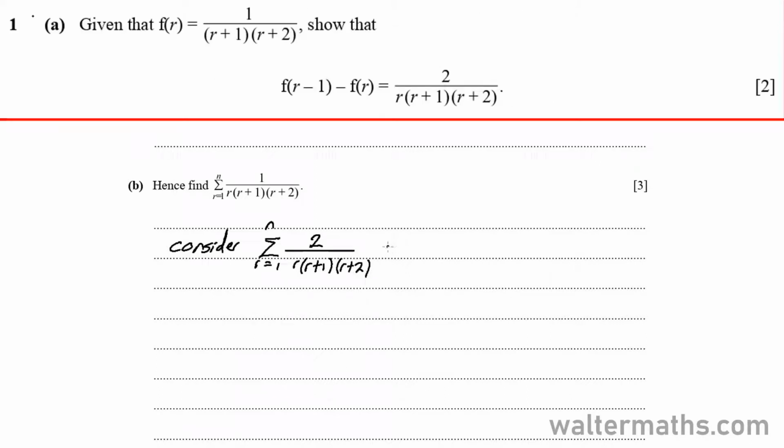That is going to be the same as the summation from r is equal to 1 up to n of the form f of r minus 1 minus f of r.